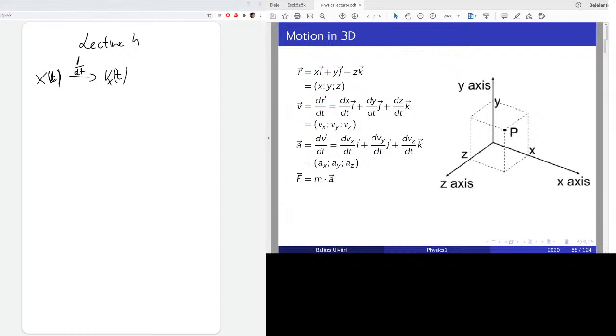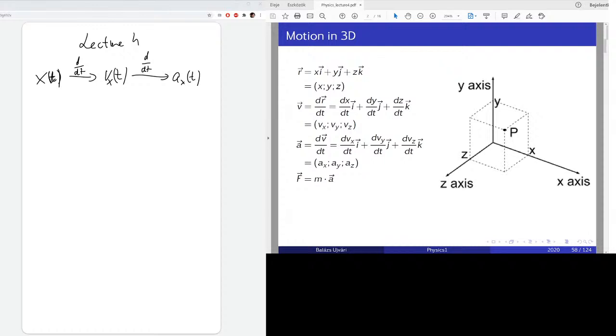And if we derive again, we can have the x component of the acceleration. So, deriving the function x(t), we know the velocity and then the acceleration.